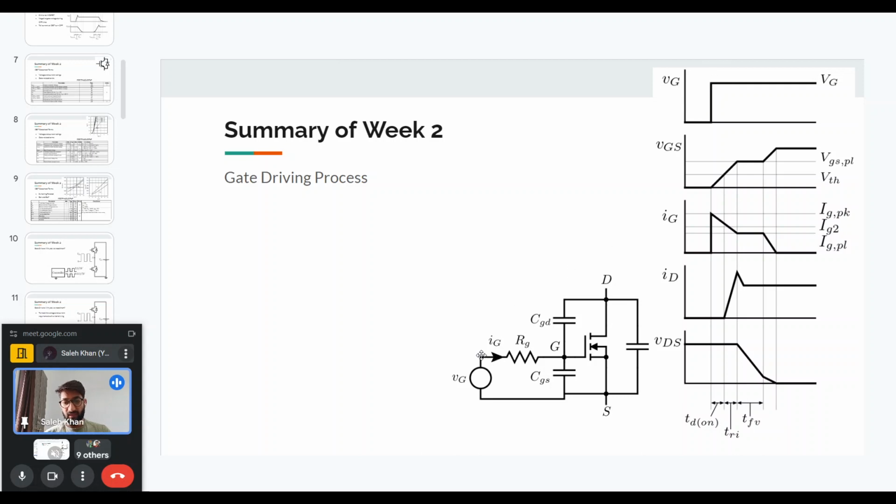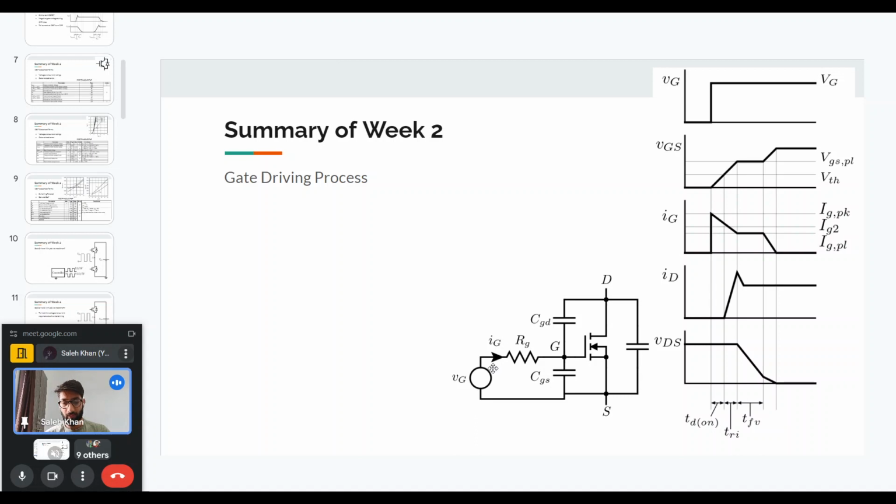Then this voltage comes across the gate resistance RG because the MOSFET is off. So the CGS voltage, the voltage across the CGS capacitor, is 0 at this point. All of this voltage initially will come across the resistor RG. So the current IG will suddenly rise to a peak value.